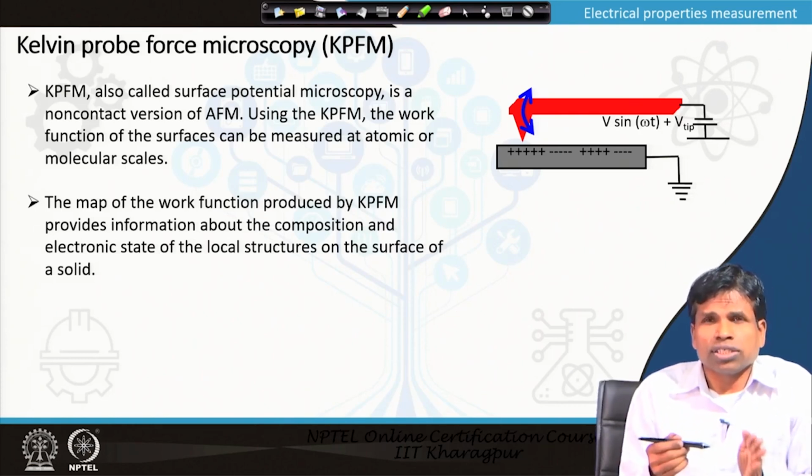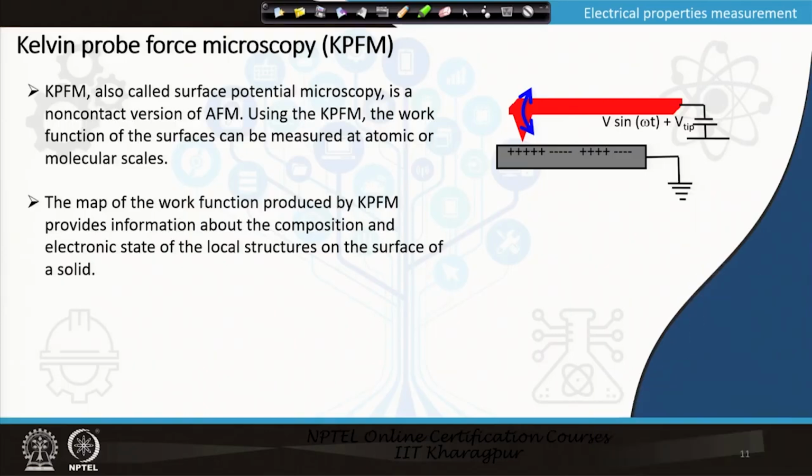Here one is the sample and one is the tip, the two electrodes acting as a parallel plate capacitor. As we vary the tip-sample distance, we will keep on changing the capacitance, and thereby we will also change the displacement current between them.